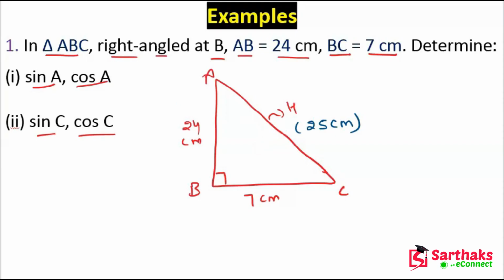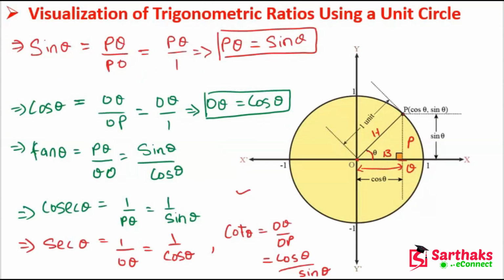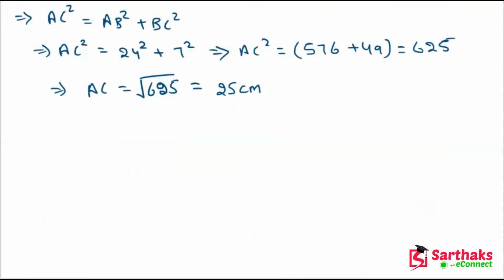Now we are finding first sine A and cos A. We know the ratio of sine A is perpendicular upon hypotenuse.